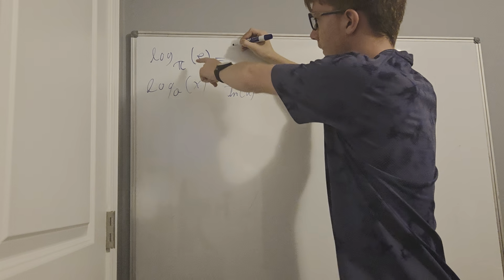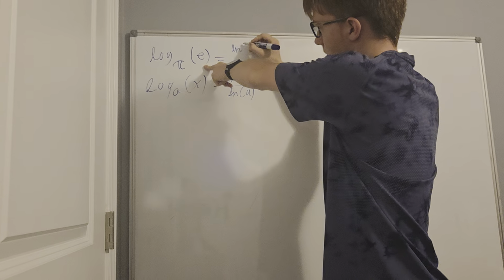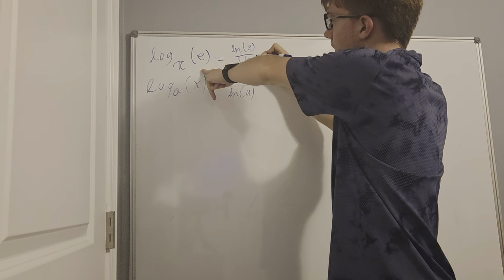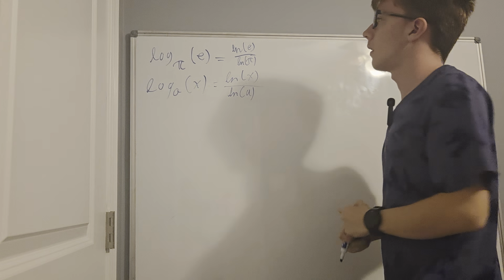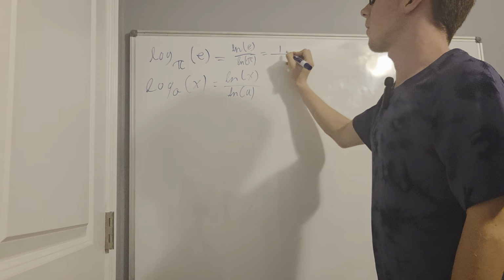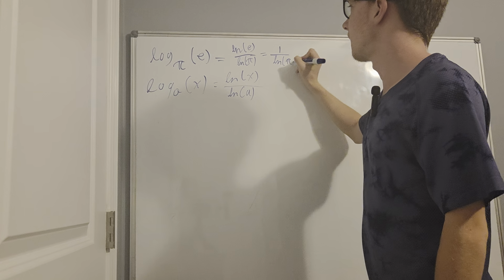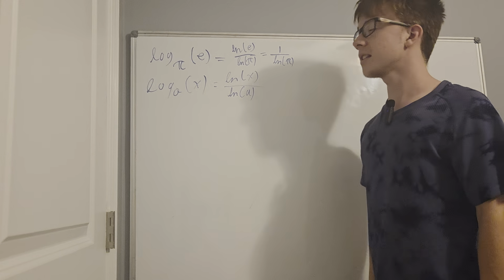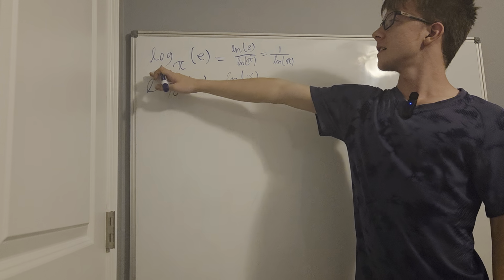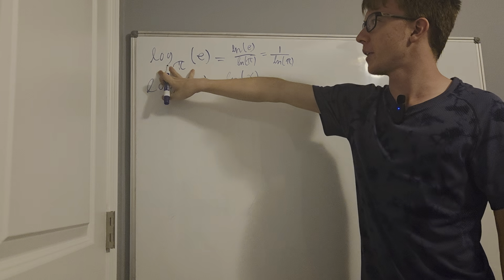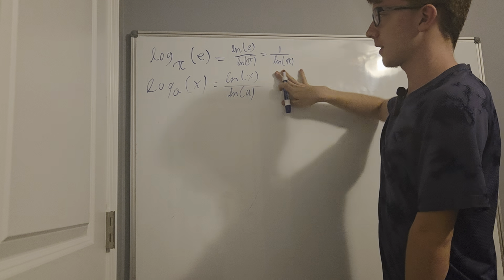So if I put this in, our input is e, and our base is pi. So technically, this is equal to 1 over ln of pi. So it looks a little nicer. This is one of the ugliest functions that you could possibly come up with. This looks a lot nicer.